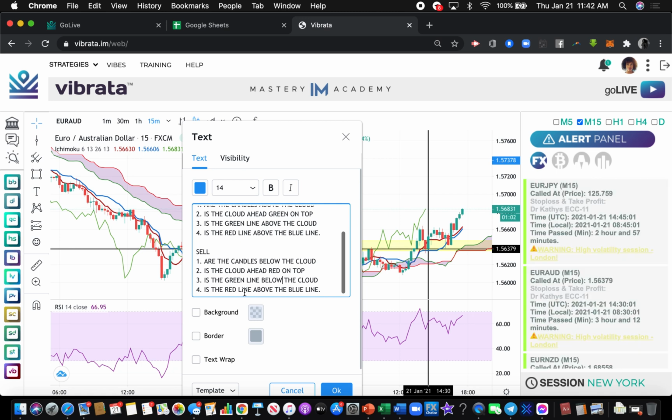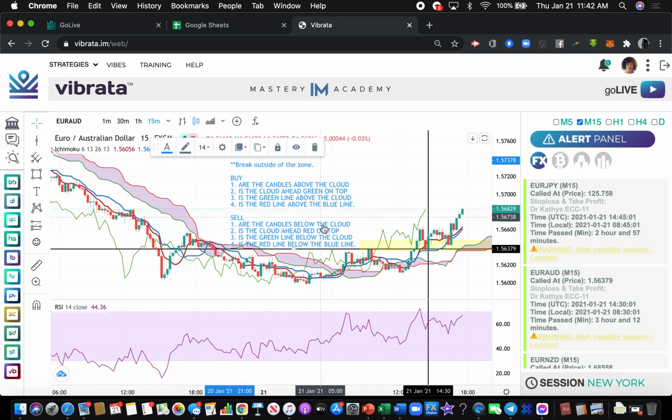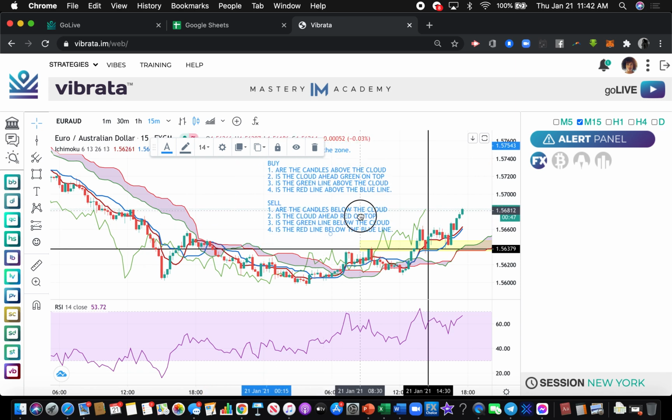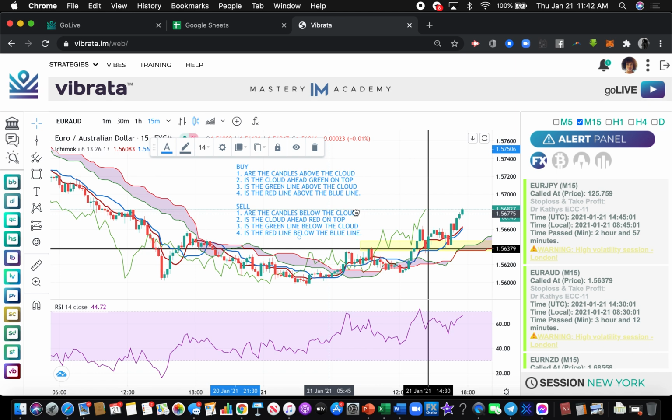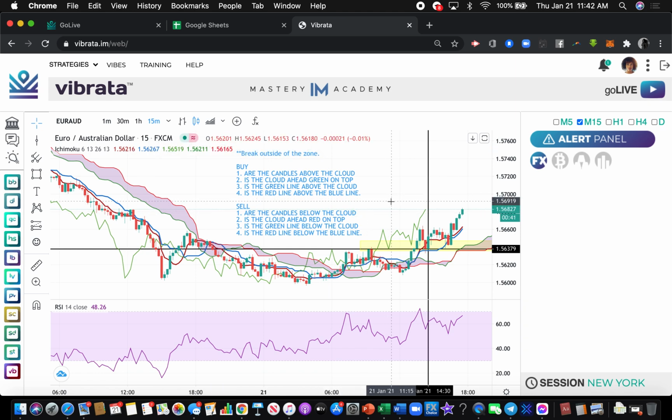And is the red line below the blue line? So these are the questions that I ask and look at when it comes to actually trading. Okay. So these are the things that I'm looking for when executing a trade. Okay. So let's keep it moving.